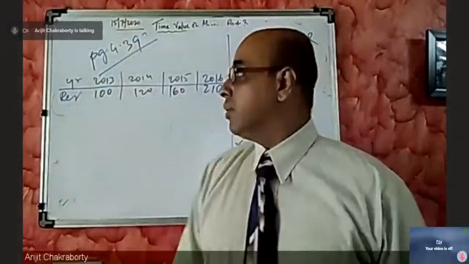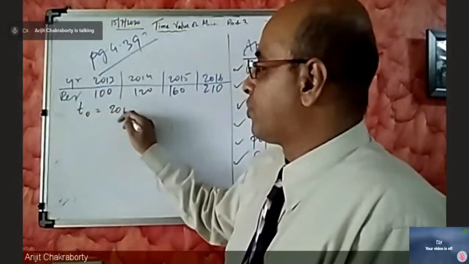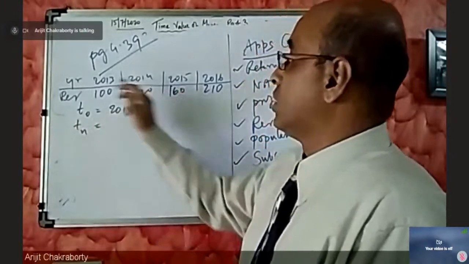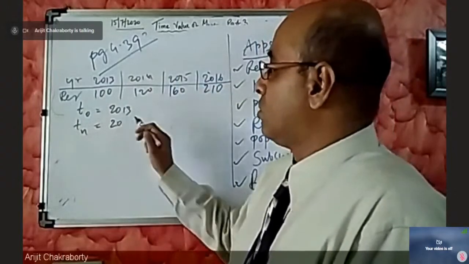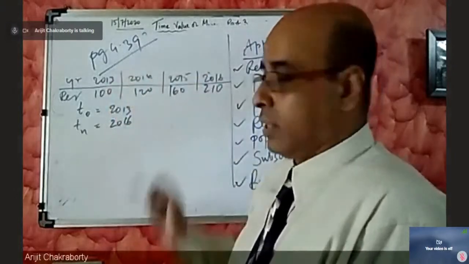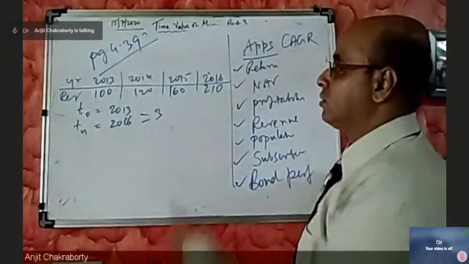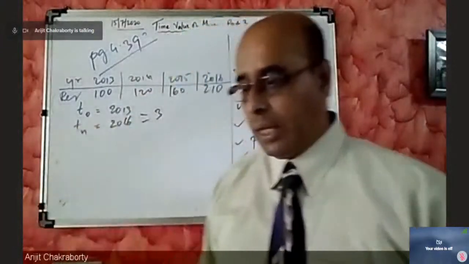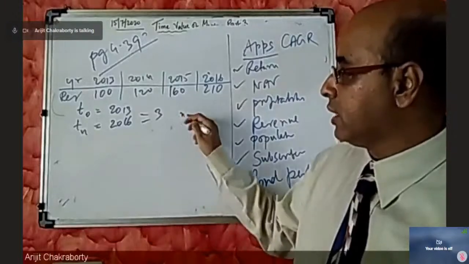So time T0 is 2013 and Tn is 2016. The difference is 3, 16 minus 13, so here n is equal to 3.